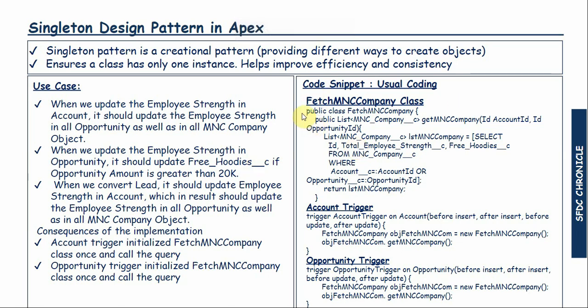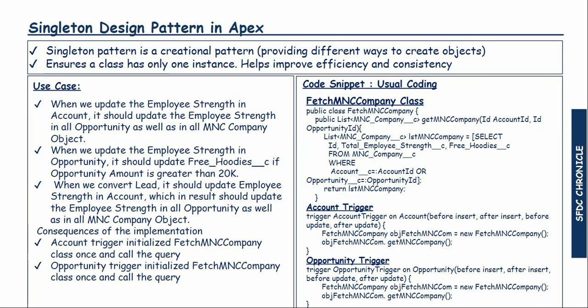We created a code snippet like this: public class fetch MNC company, which will provide us all the MNC companies that belong to either an account ID, or an opportunity ID, or we can pass both to query all the MNC companies. So we just created a method called get MNC company, and we write a SOQL query in that particular method.